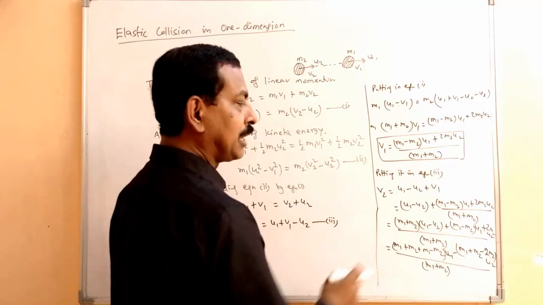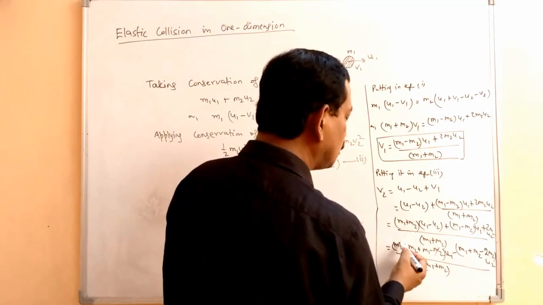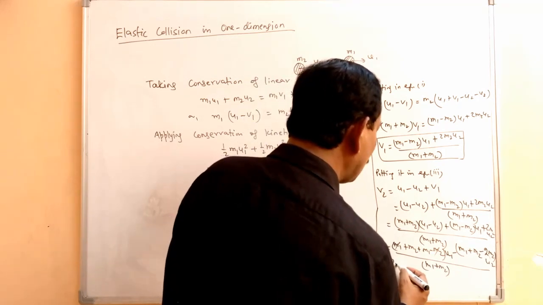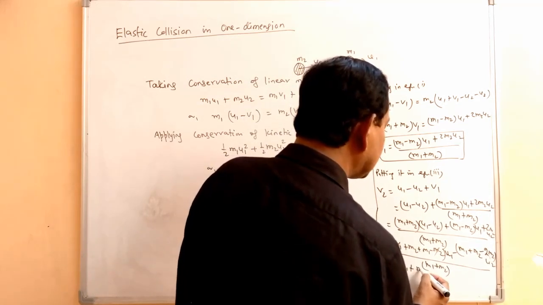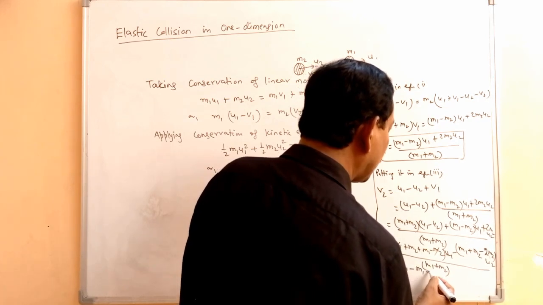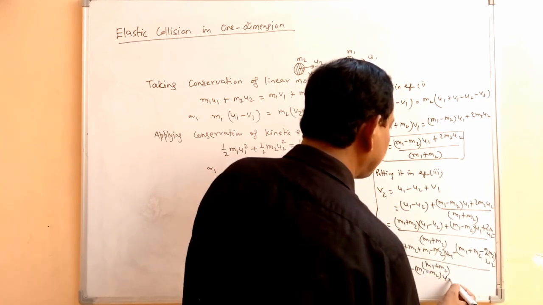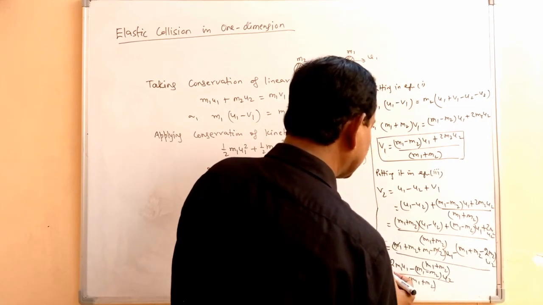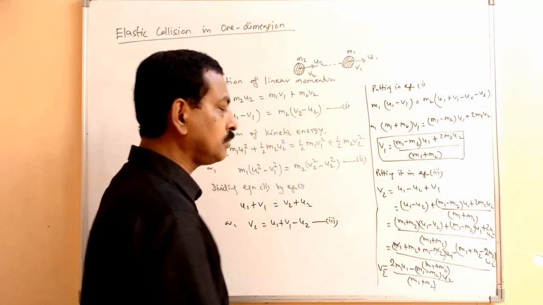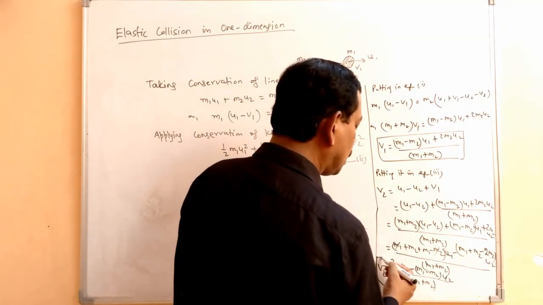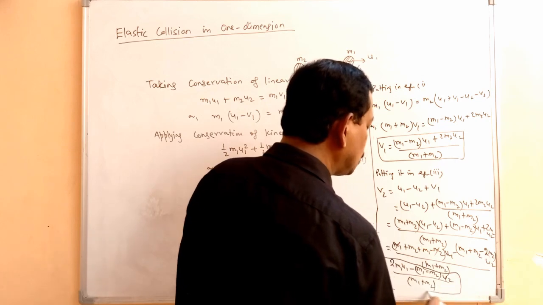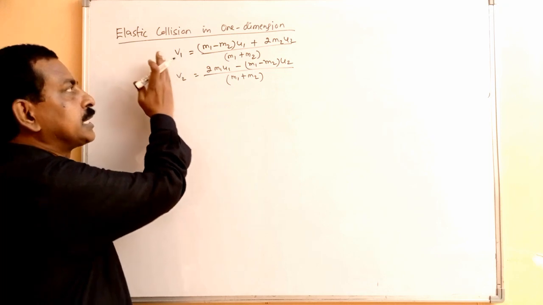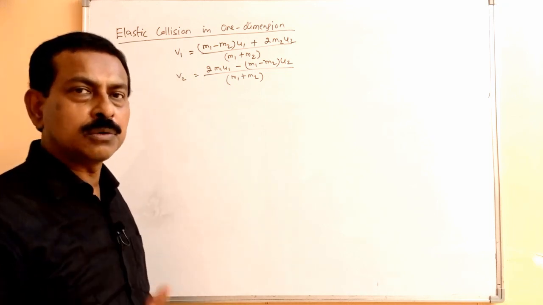If you simplify, one m2 will get cancelled, and you will get (2 m1 u1 plus (m2 minus m1) u2) divided by (m1 plus m2). So this is the expression for v2, the velocity of the second body after one-dimensional elastic collision.